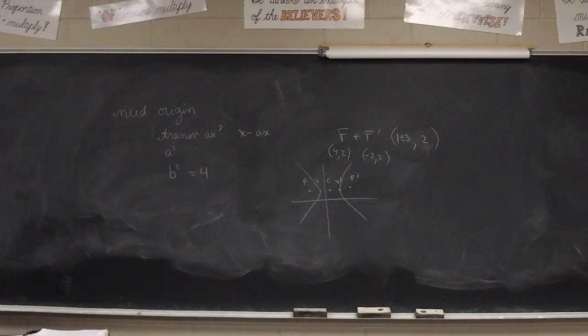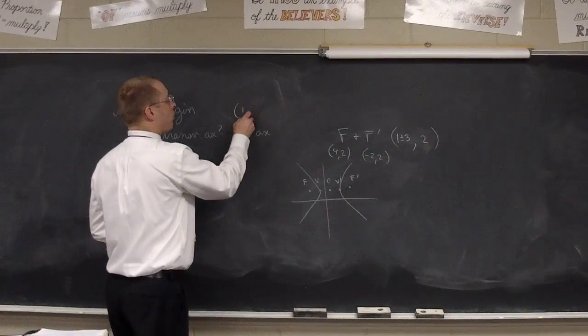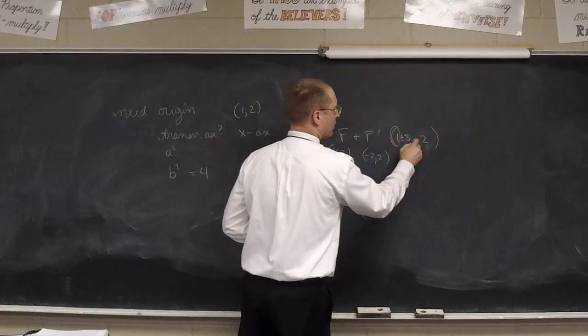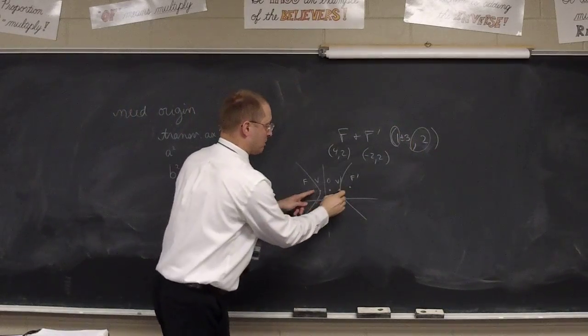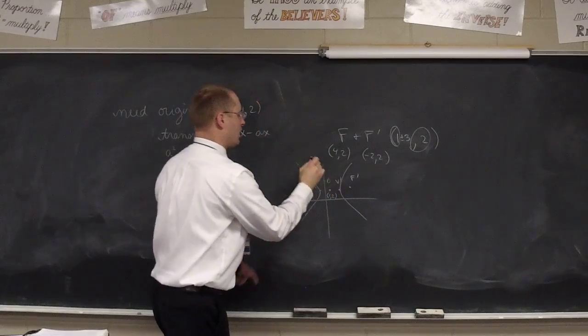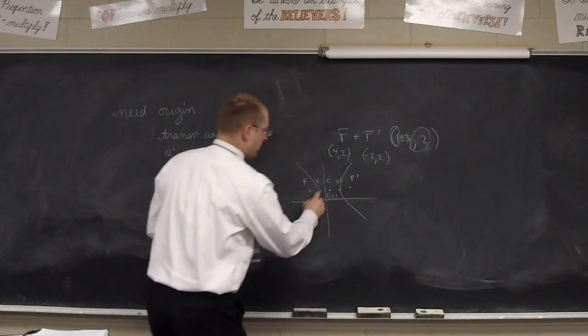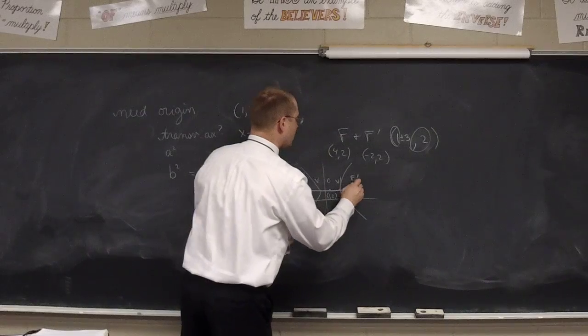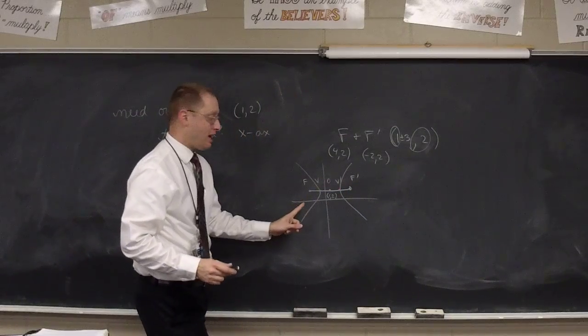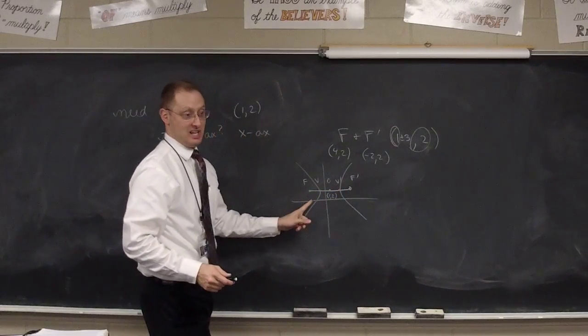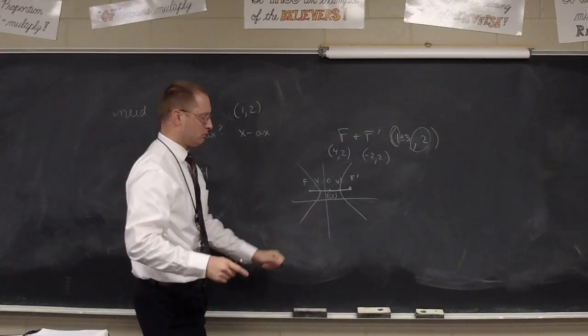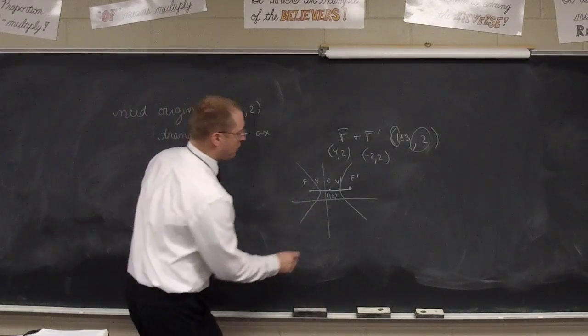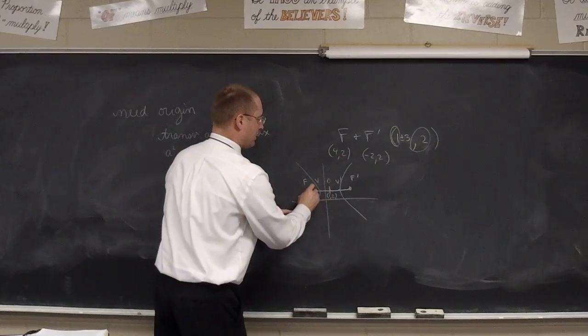Careful. The origin is 1, 2, right here between the foci. But this, from focus to focus, is 6, not vertex to vertex 6. Do you see it? So therefore, we would say from O to F is 3.